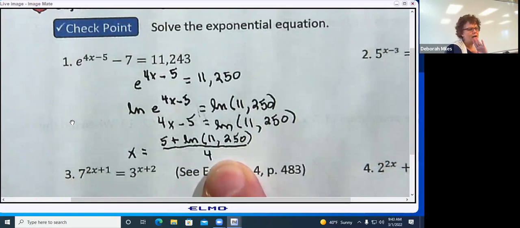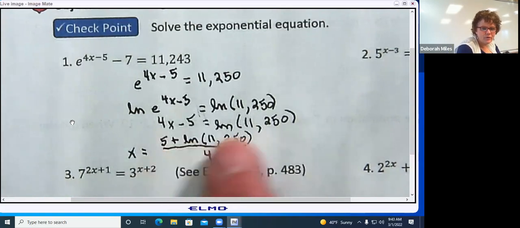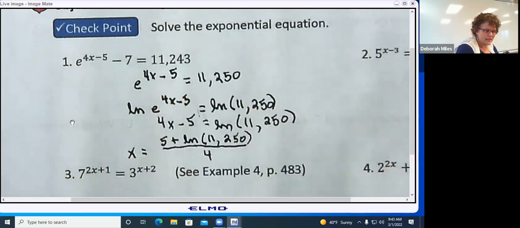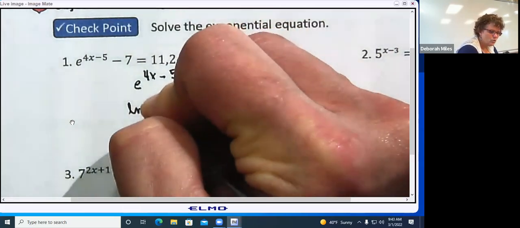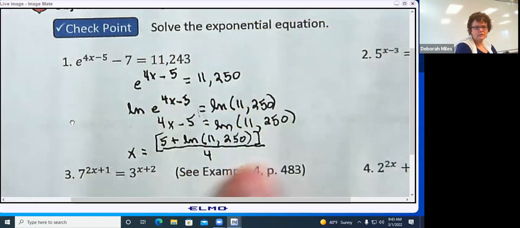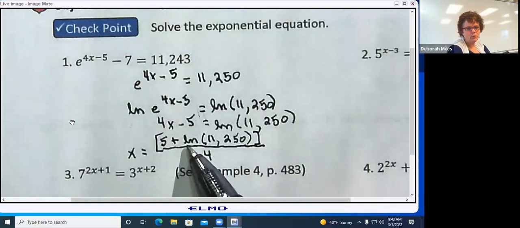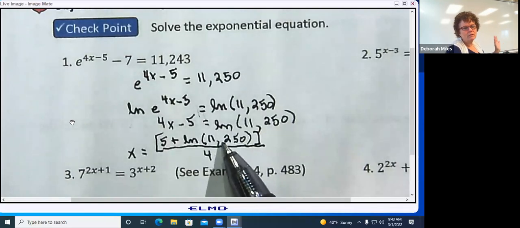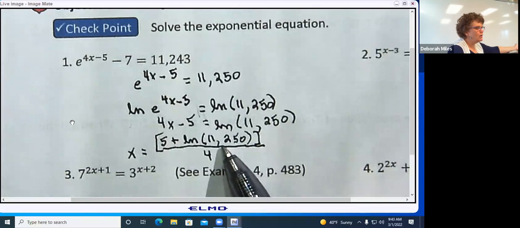Let's make sure everybody knows how to do this on the calculator. The big thing would be if you want to divide both of those terms by 4, then you either need the whole numerator in parentheses or brackets, or you can kind of punch this thing backwards. Some of you have the fabulous frontwards calculator.